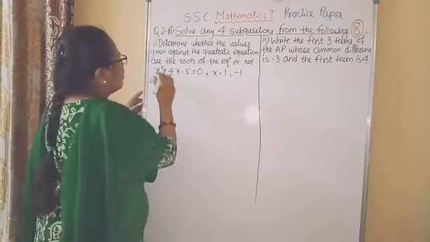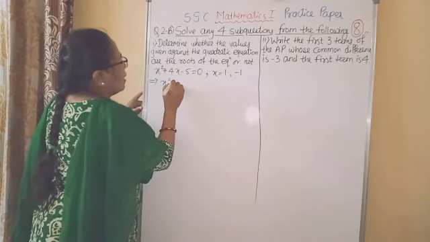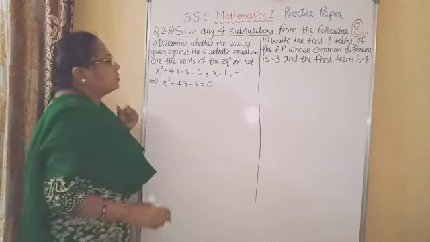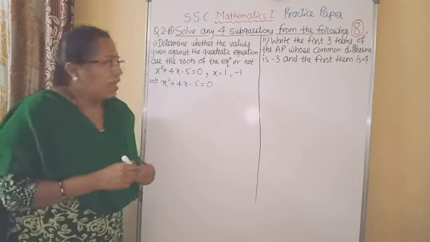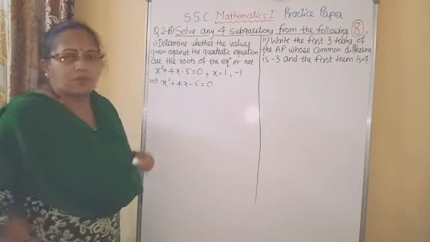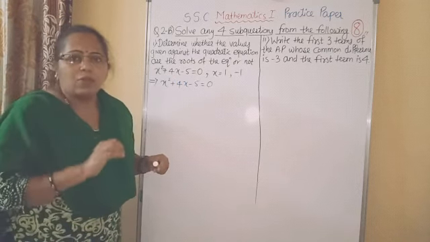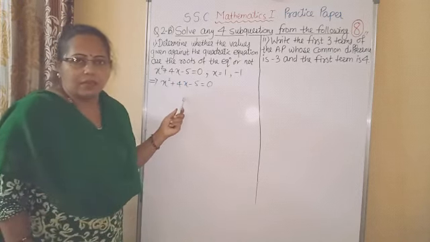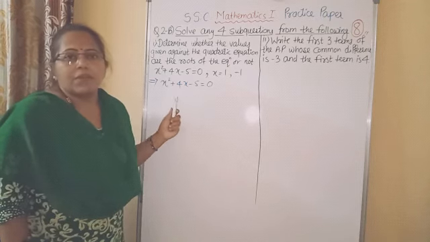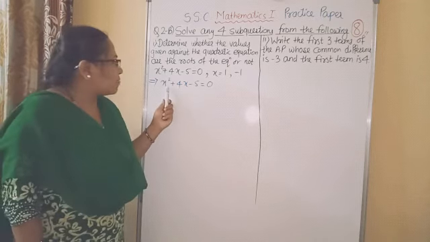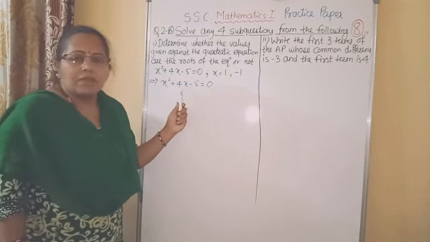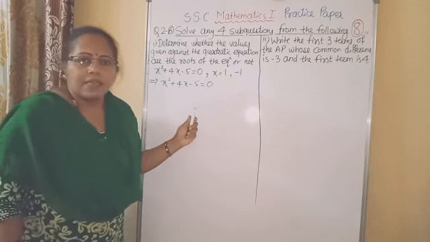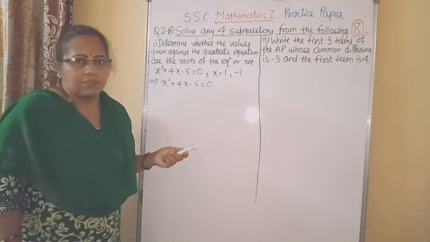First, write the equation x square plus 4x minus 5 equal to 0. As we know the definition of roots of an equation, the value of the variable which satisfies the equation. Satisfying the equation means that if you substitute that value in the equation and you get LHS equal to RHS, then the equation is satisfied.